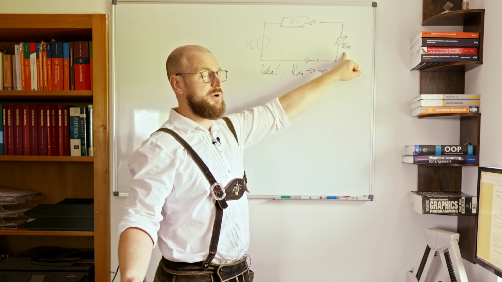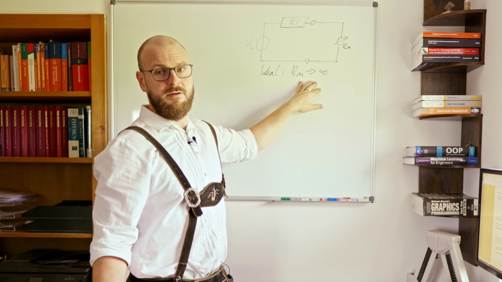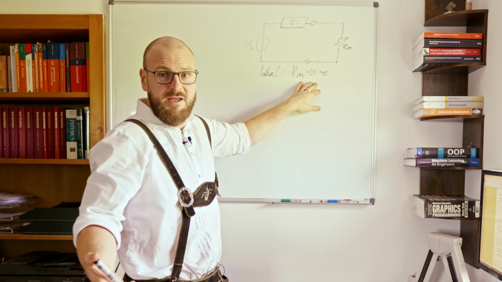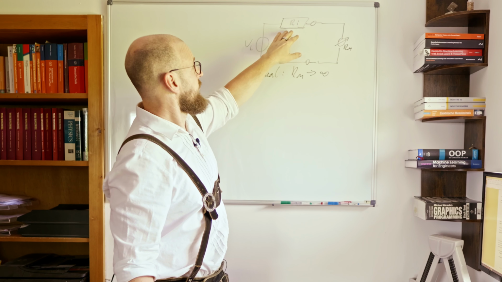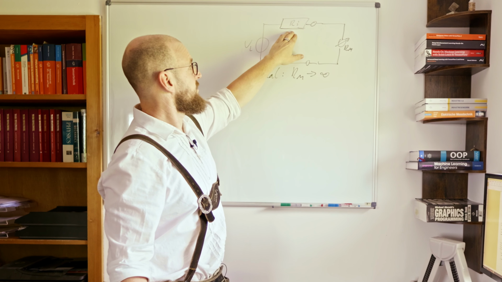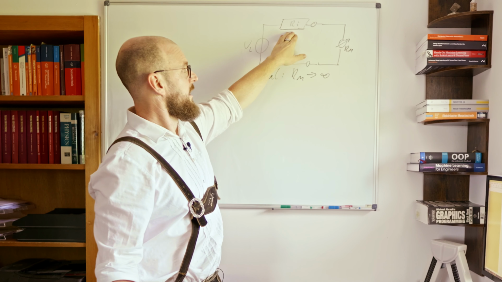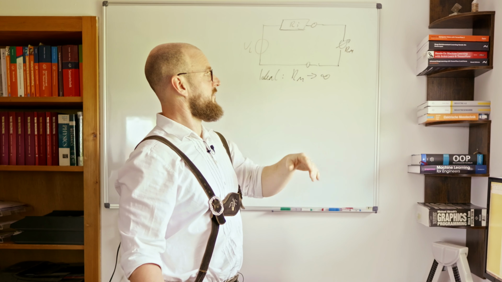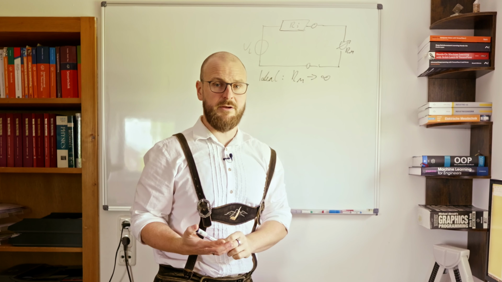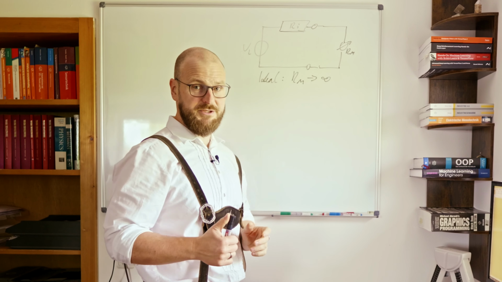Now for the real case, that's not the case again. And we know that there's some voltage dividing onto Ri and a large part of the voltage dividing onto the internal resistance of the voltage measurement device.